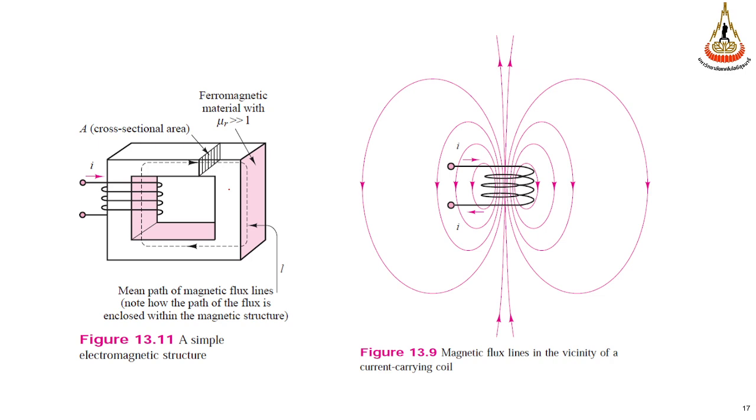So if we add another turn, another coil in a different path, we can control the flux to cross to another coil, right? So this is a simple transformer circuit. The relation between V1 and V2 is V1 by V2 equals N1 by N2, like this.